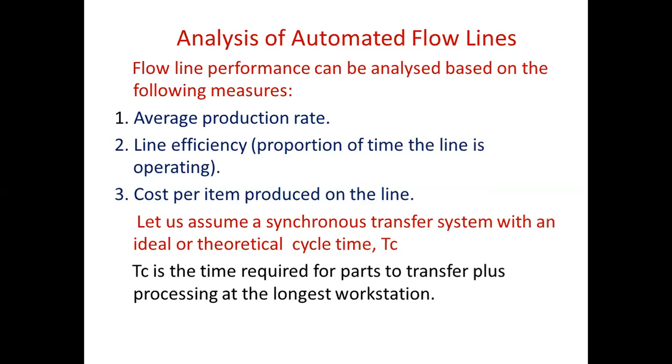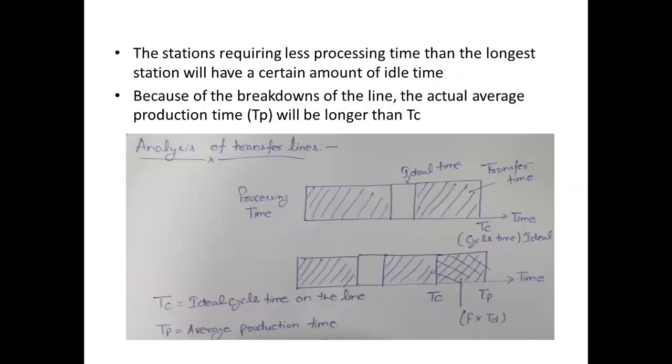Please keep in mind that we always consider the longest workstation for the calculation of the theoretical cycle time TC. We can understand this with the help of the diagram shown here.